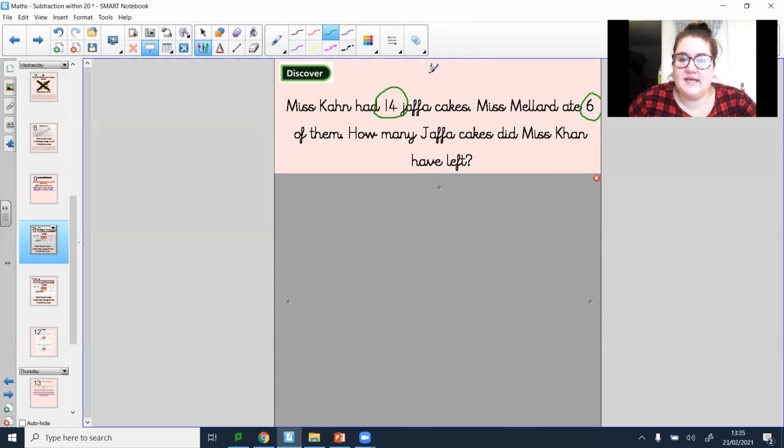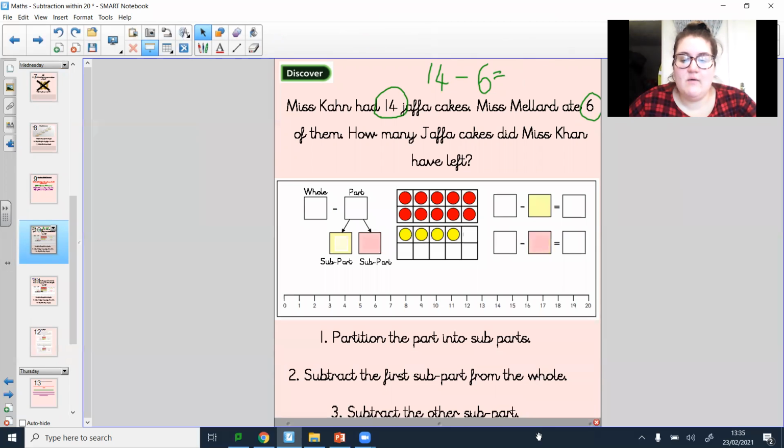So if we were to put this into a number sentence, we would have 14 and we are subtracting 6, because there were 14 to start with. Miss Mellard came along, she got a bit peckish and she ate 6 of them, and we are finding how many are left. So let's have a go at working this out using our method.